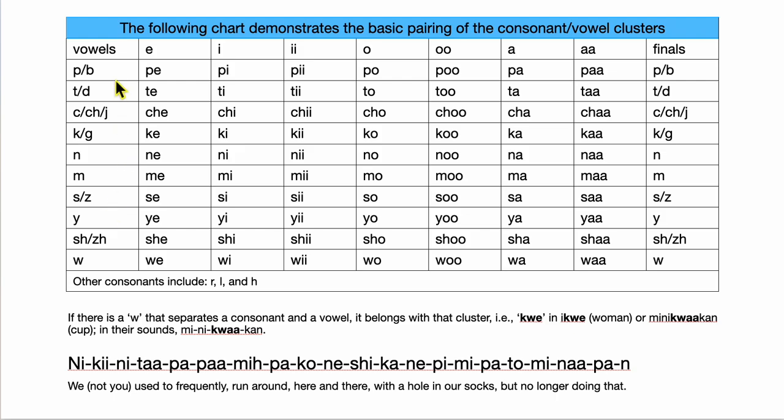So this is where it's a little bit different. In my language, it's actually between the P and B sounds, and similarly with the T and D sounds, C, H, and J sounds, K, G, etc. Okay, it's in between. Some of them are closer to the voice sound. The ones that I'm using are the voiceless sounds.